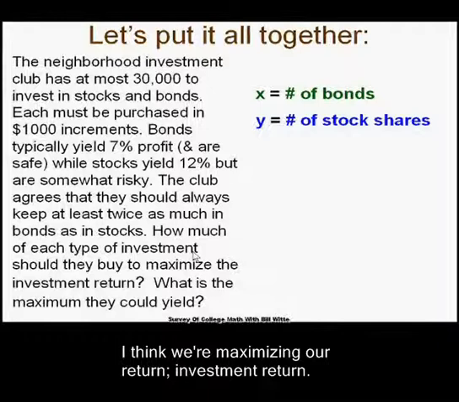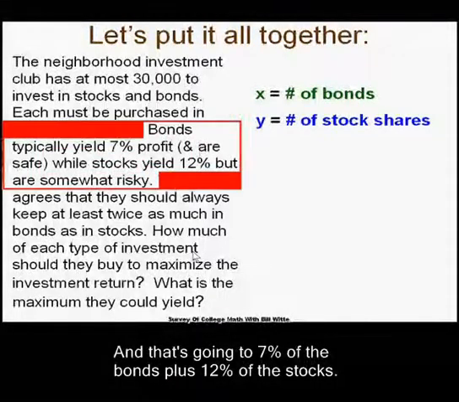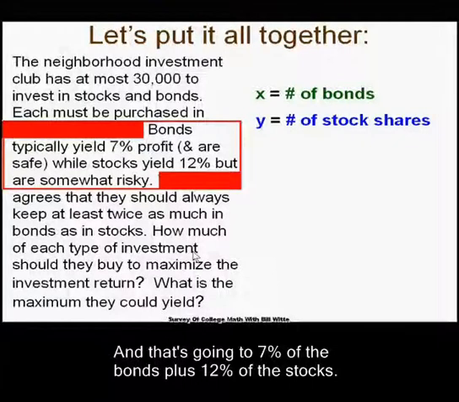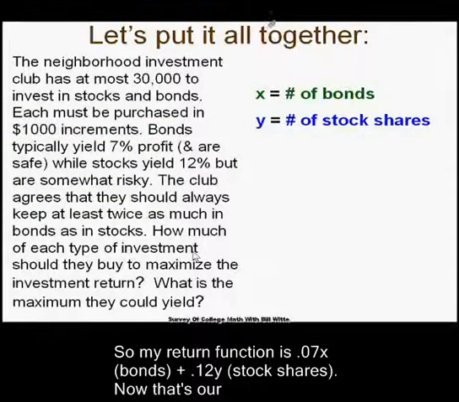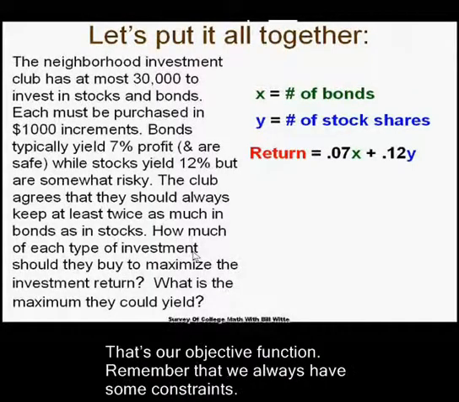And that's going to be 7% of the bonds plus 12% of the stocks. So my return function is 7% times bonds plus 12% times shares of stock. Okay? Now, that's our objective function.